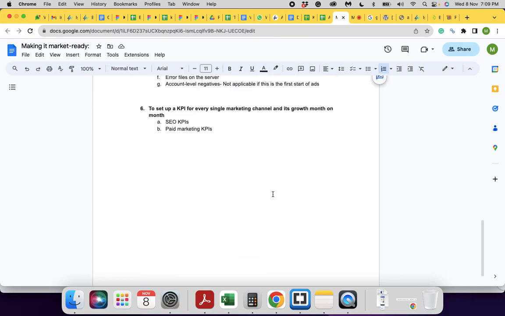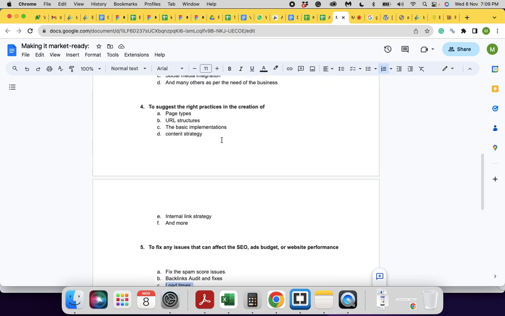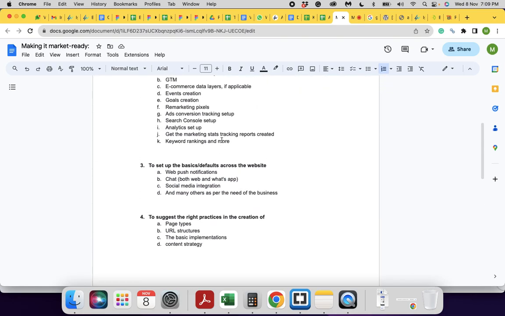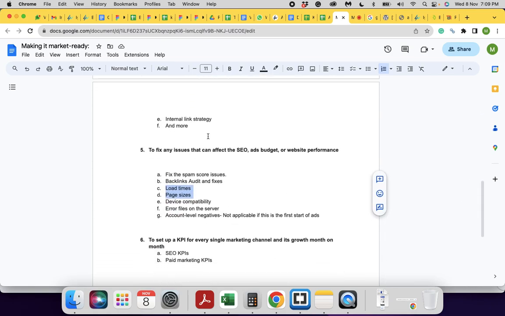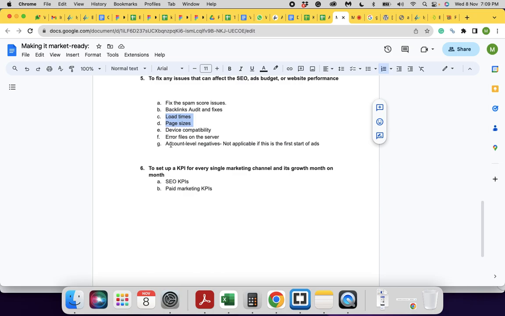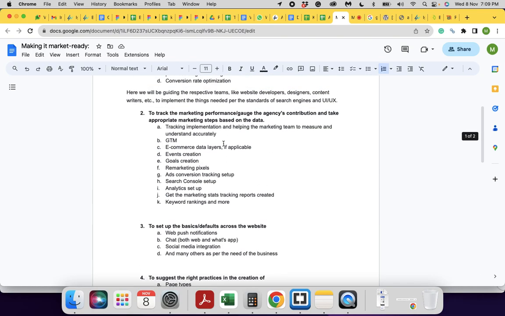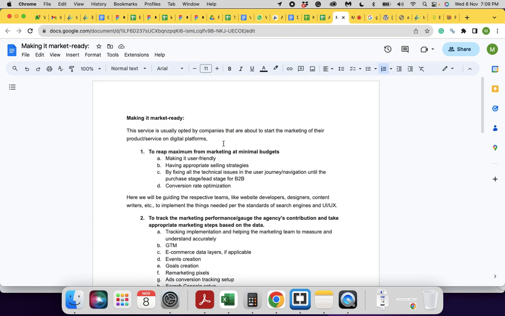If you look at this, we have written a few things, I'll show it to you. Where have I put it? Yeah, account level negatives. Without even adding any kind of negatives or tracking pixels, or without analyzing any of these things, from day one they cannot see results.